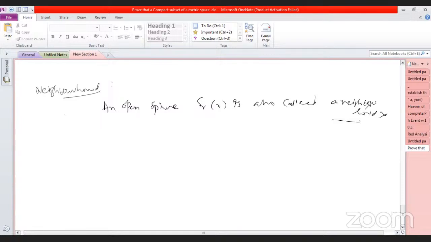In analysis we have used N(epsilon, x) equal to (x minus epsilon, x plus epsilon) is called a neighborhood.